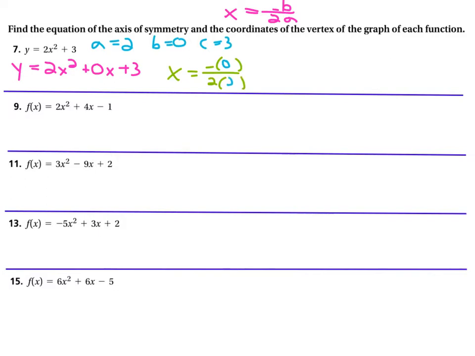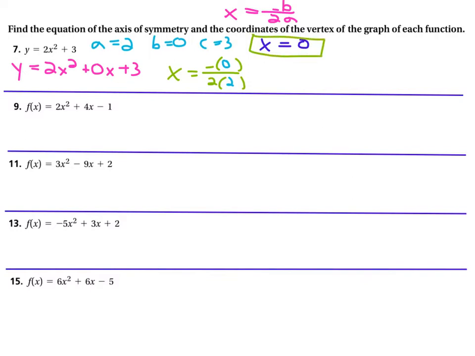A is 2. So we get negative 0, or 0, divided by 4, and 0 divided by whatever is 0. So we have as an equation x equals 0. That is the equation for the axis of symmetry, x equals 0.